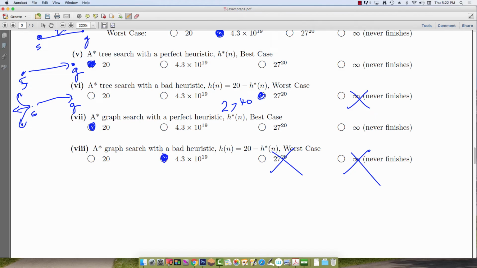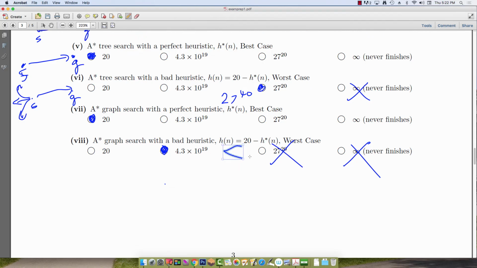This is because 4.3 times 10 to the 19 is smaller than 27 to the 20. If we didn't have the guarantee that we couldn't visit the same state twice, like in tree search, it would be 27 to the 20 or 27 to the 40. However, in this case, at worst, all it can do is search the entire graph, which is much better than the worst case of tree search.